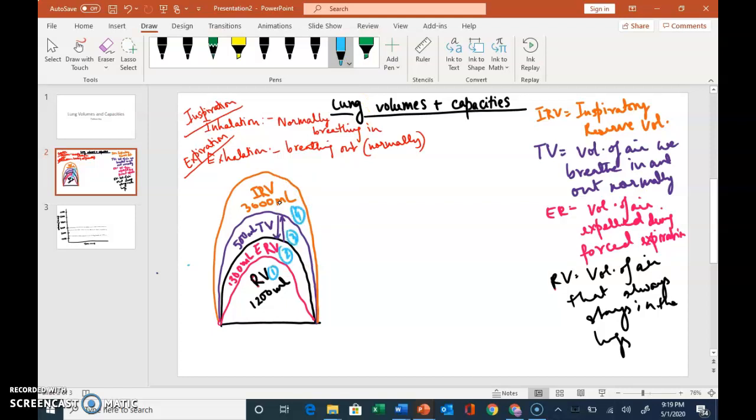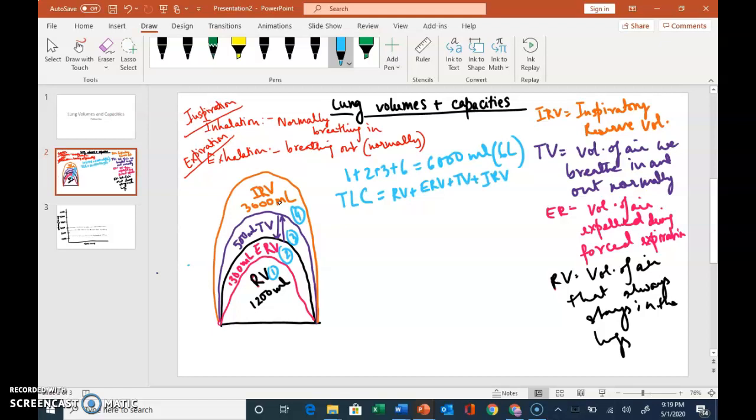If you add everything together, 1 plus 2 plus 3 plus 4, it adds up to about 6000 mils or 6 liters. Same thing. And this number is called total lung capacity, which is RV plus ERV plus TV plus IRV. That's total lung capacity.